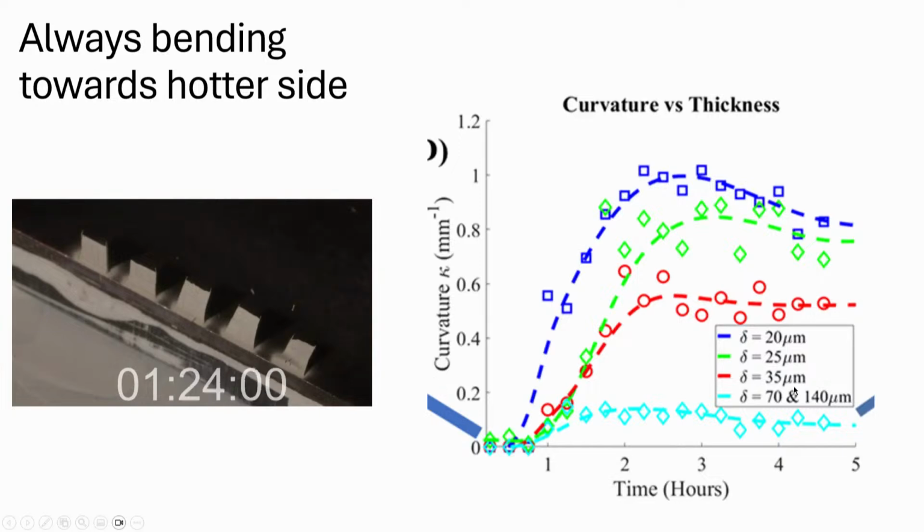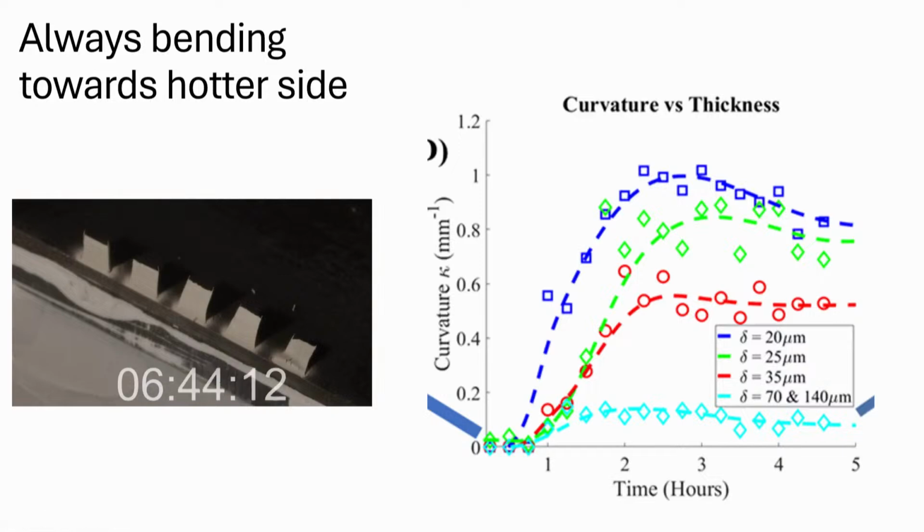and the thinnest wall bends the most, the thickest wall bends the least, but we have the same pattern. We have a permanent curvature, we have peak curvature, and then permanent curvature.